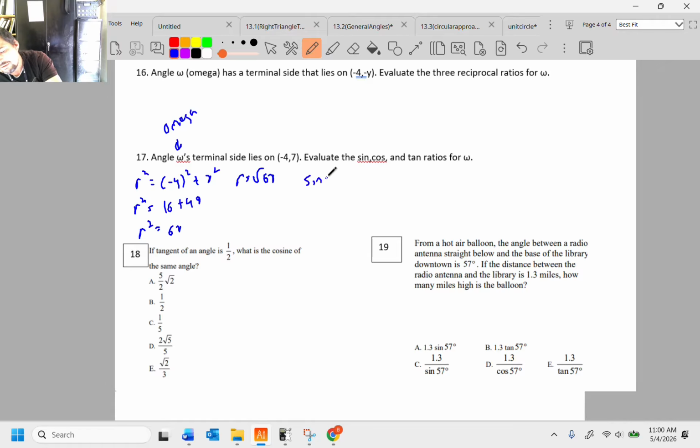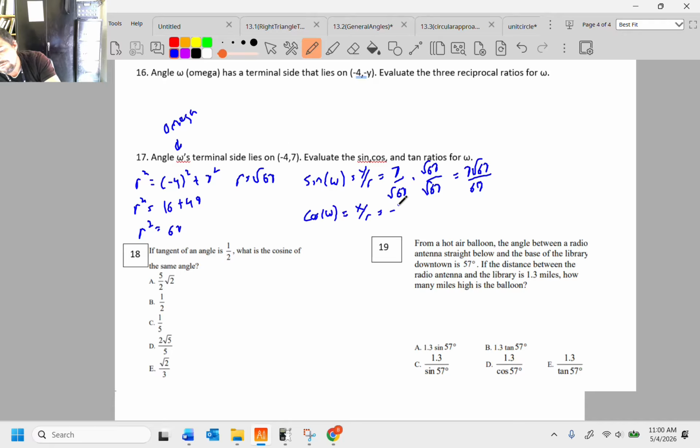If I want the sine ratio, the sine of omega would be the y value divided by the radius. So it'd be 7 over root 67. We multiply numerator and denominator by root 67, and we get 7 root 67 over 67. If I want the cosine of omega, then I take x and divide it by r.